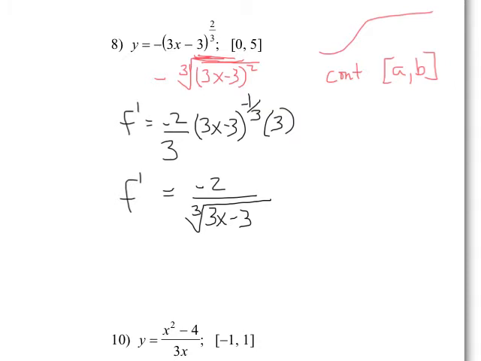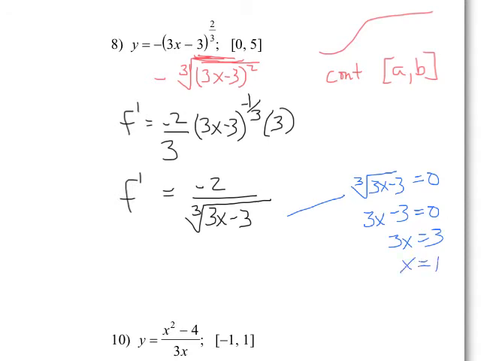So let's see if that ever occurs. We'll say the third root of 3x minus 3 equals 0. If we cube both sides, 3x minus 3 equals 0, 3x equals 3, and x equals 1. So the function is not differentiable at 1, because that would put a 0 in the denominator, and 1 is in our interval.